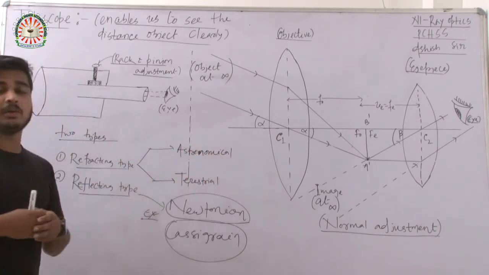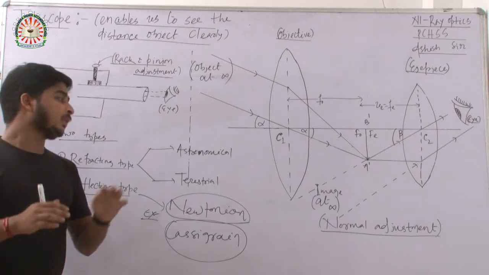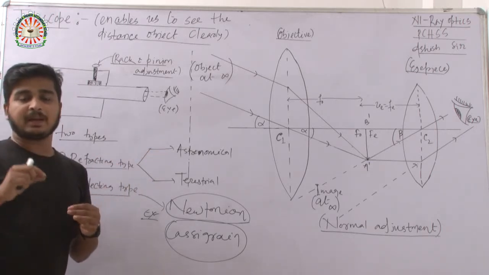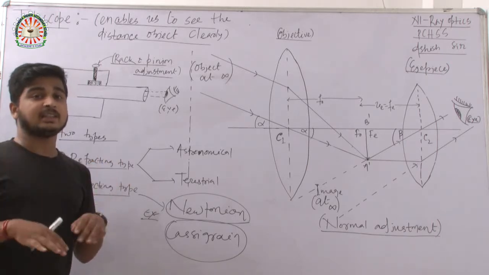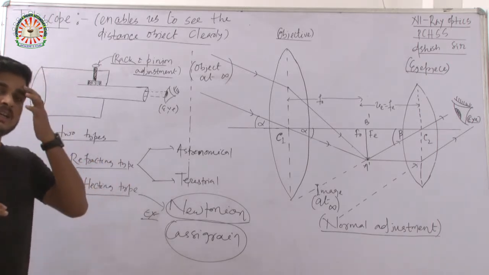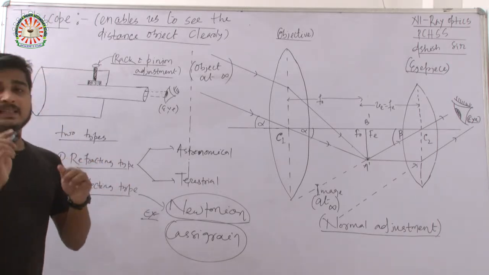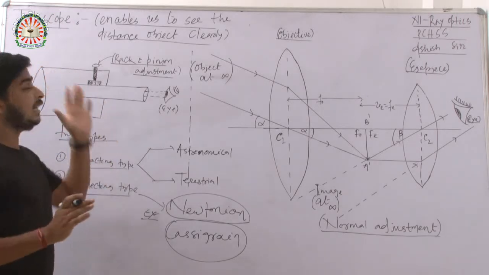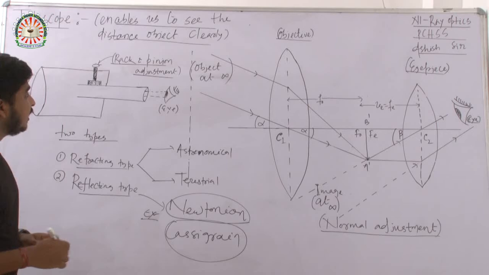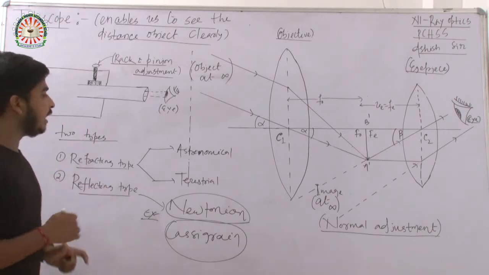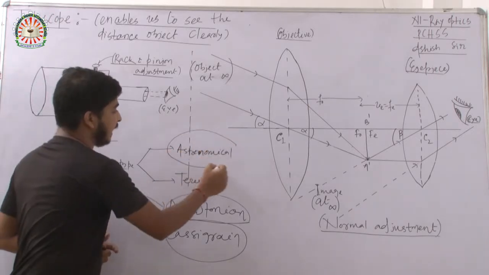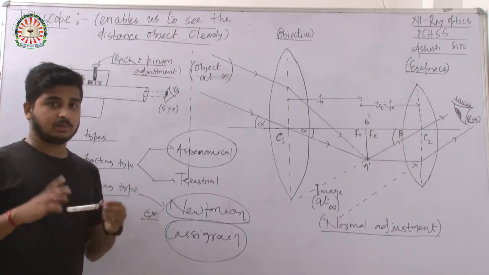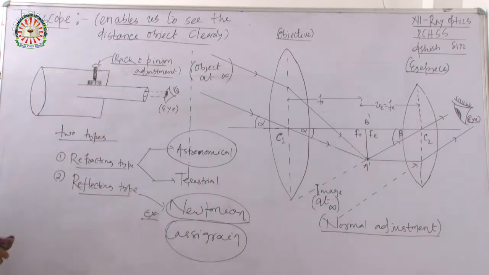We will just study the basic principle of a telescope, how it works, and what its magnification is. So dear students, we are going to discuss the first refracting type telescope, that is, the astronomical telescope. Note these things.